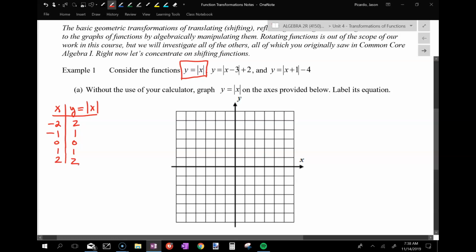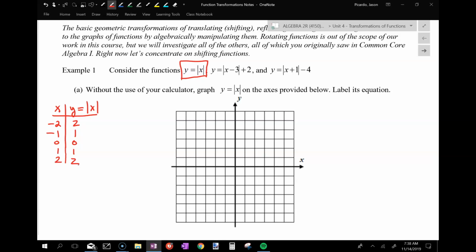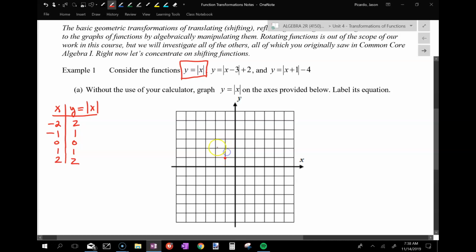All right, so if I plotted those points, what you'd get is a picture that looks like this. And your V takes shape. So it looks like one of these. Absolute value of x.